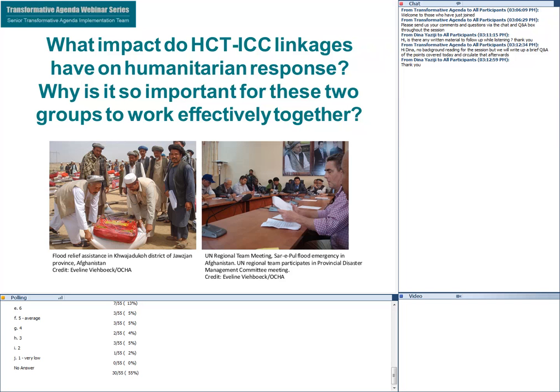Well, I think it raises the whole issue of the way that clusters function, and as you mentioned earlier, was involved in my days in OCHA in the policy branch in looking at the whole development of clusters. What we originally envisaged was something very different from what we now have.